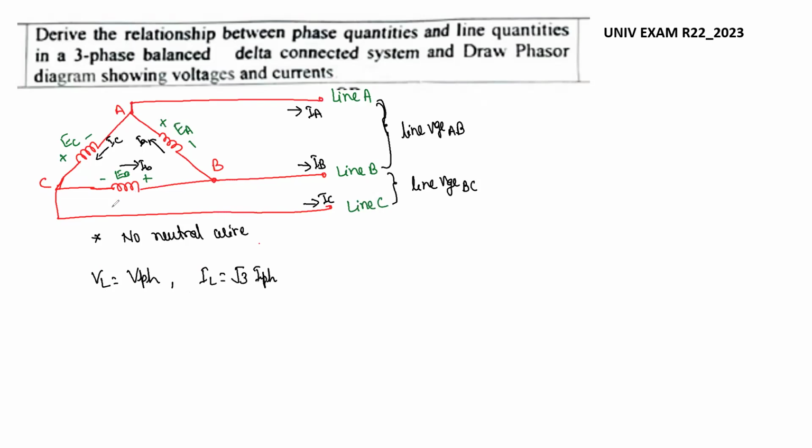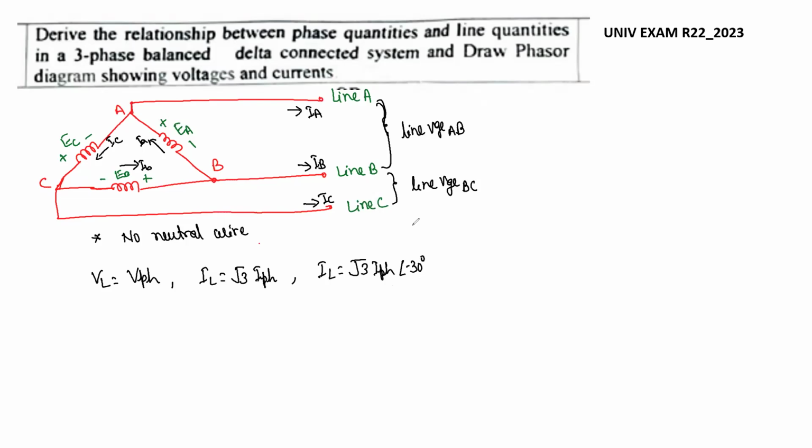The current we are showing inside is the phase current. That will have a phase separation of minus 30 degrees, depending upon the direction. So IL we can write in terms of magnitude as well as angle.